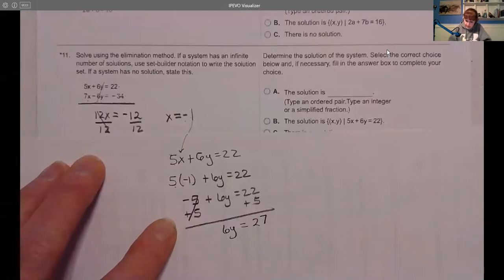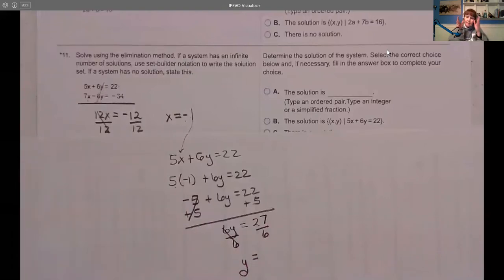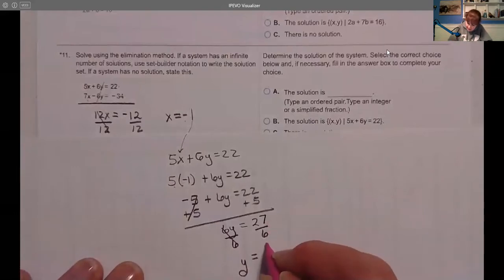And then we divide by 6. y is equal to 27/6. Now the problem is I'm going to leave it as a fraction, but it has to be reduced. So 3 goes into both of these, so I'm going to divide them both by 3. 27 divided by 3 is 9. How did I know that 3 goes into here?